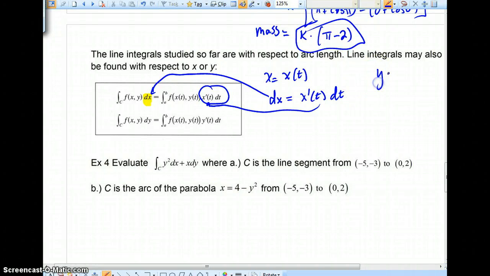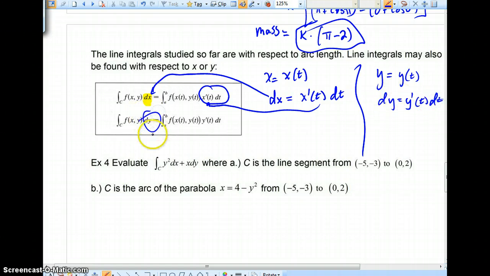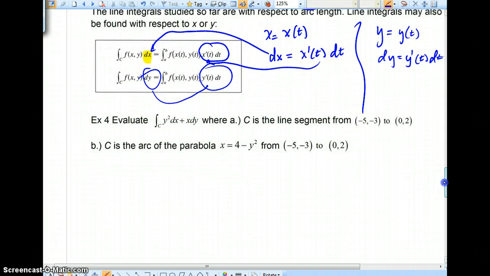Very similarly, we could say that y could also equal some function of t. dy then would be y prime of t dt. So we could replace a dy with y prime dt. So that's really how we could begin to work something like that out.